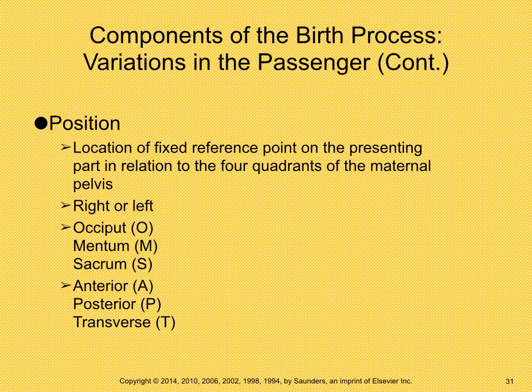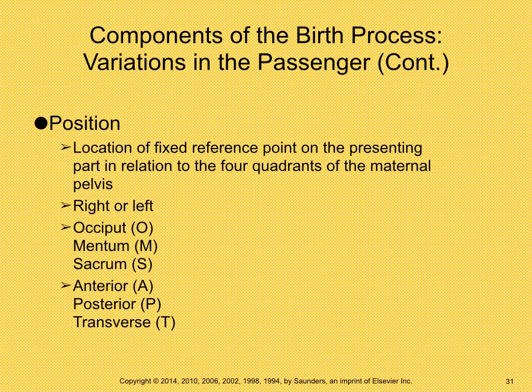Components of the birth process, variations in the passenger. So let's continue on with that. Position is the location of the fixed reference point on the presenting part in relation to the four quadrants of the maternal pelvis. When we look at slide 32, we'll be able to differentiate our quadrants, as that photo makes a little square within the pelvis. When we're assessing fetal position, we would be able to differentiate: is the fetus tilted a little to the left?